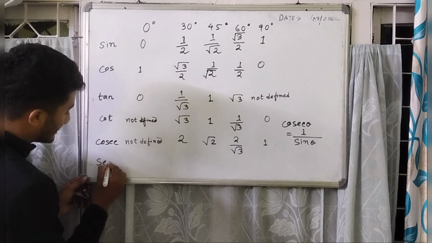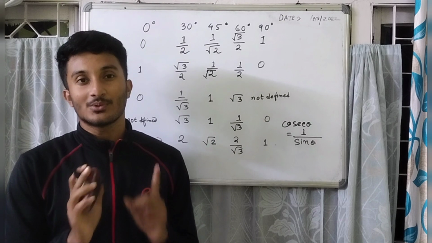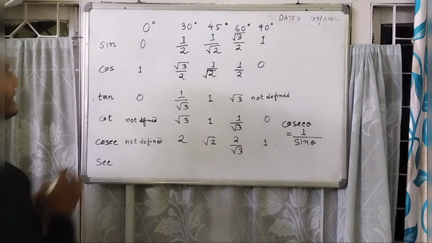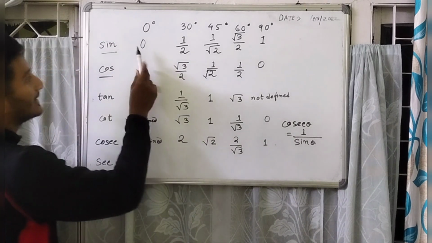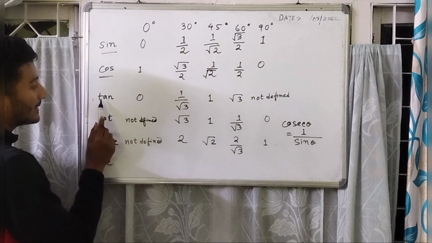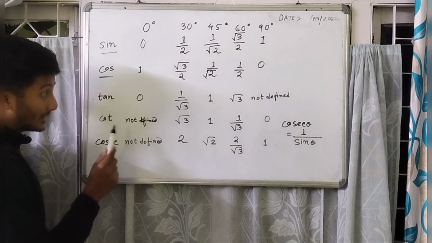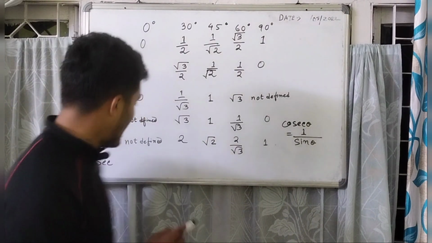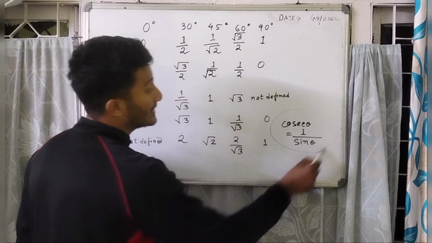Now sec theta. To remember sec theta, you just have to know cosec theta, because if you remember sin theta, then cos theta is easier for you to remember, because it is the reverse of sin theta. Similarly, if you remember tan theta, then cot theta is very easy to remember, because cot theta is the reverse of tan theta, and cosec theta is very easy to remember if you remember this trigonometric identity.